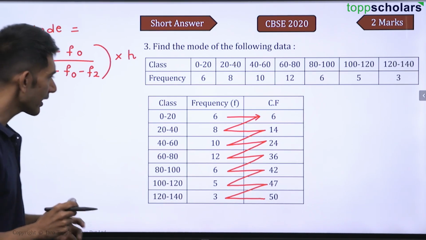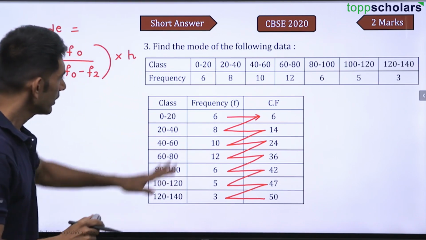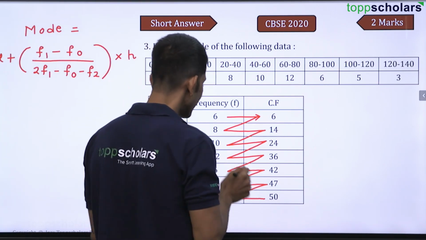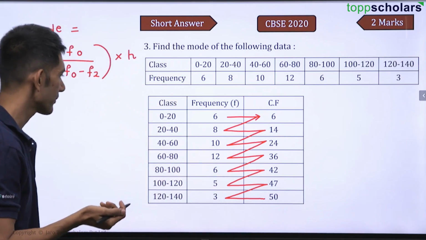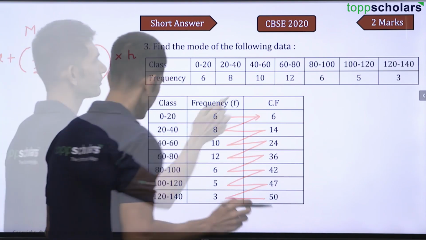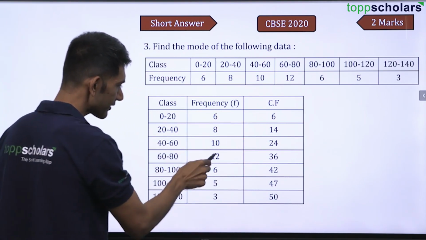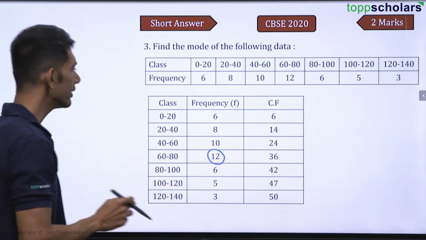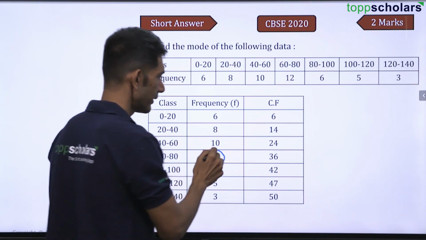So what is the modal class here? If you see what is the modal class? Modal class means class that has the highest frequency, right? So which class has the highest frequency here? Can I say the class with 60 to 80 has the highest frequency? So this is your modal class.